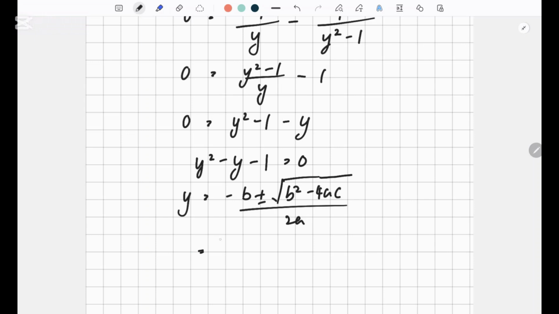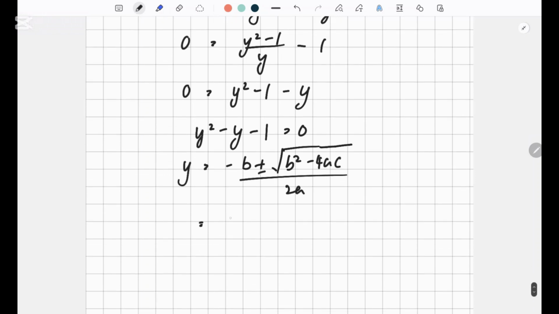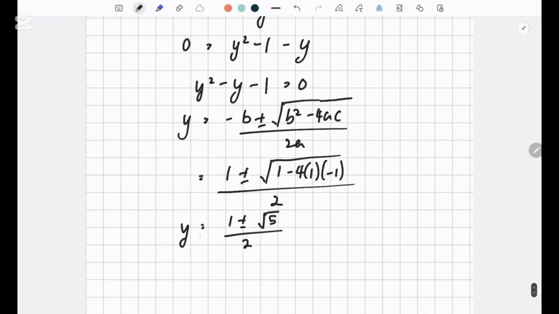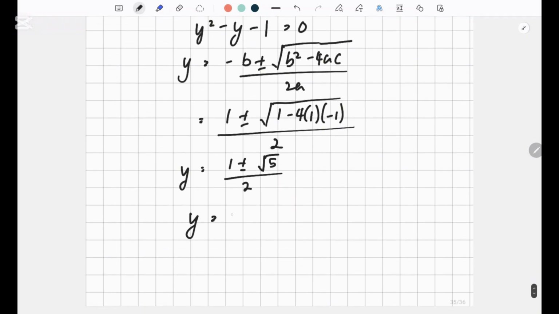Right? So then minus b is 1, plus or minus root 1 minus 4 into 1 into minus 1 over 2, giving you 1 plus or minus root 5 over 2. So y equals 1 plus root 5 over 2.